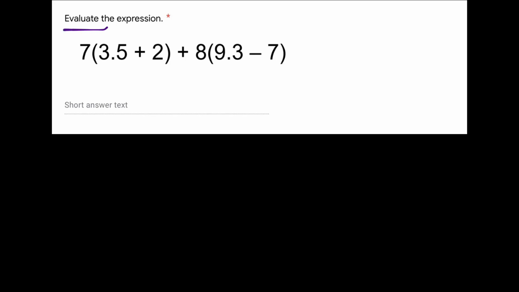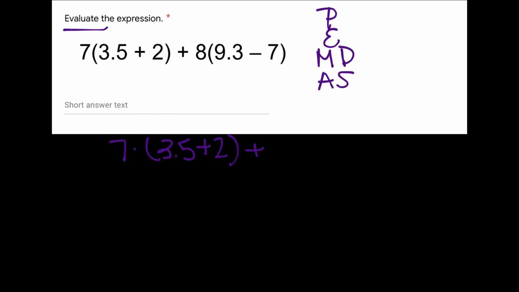Evaluate the expression. So we have PEMDAS. So the first thing we want to do is rewrite. We need to do 7 times 3.5 plus 2 plus 8 times 9.3 minus 7.